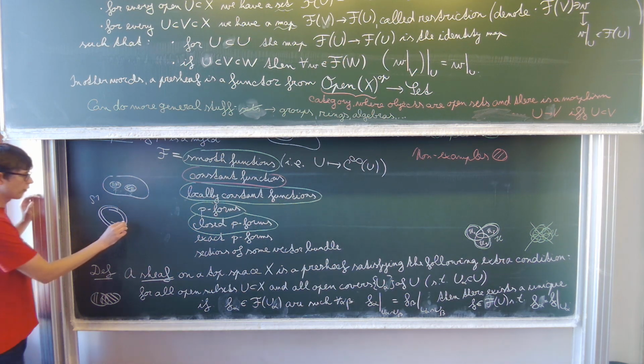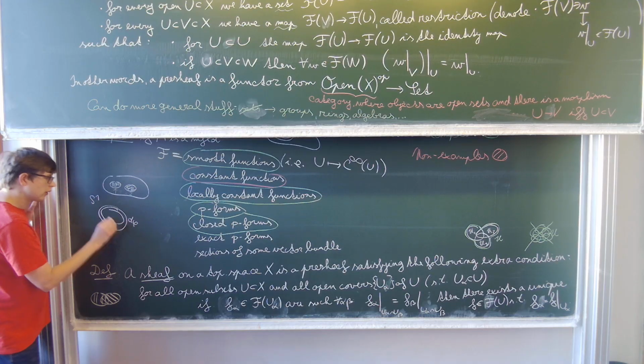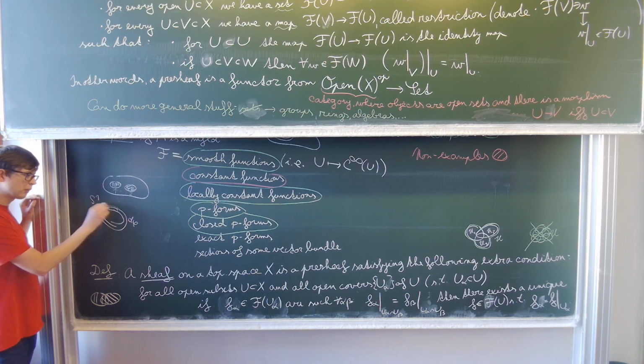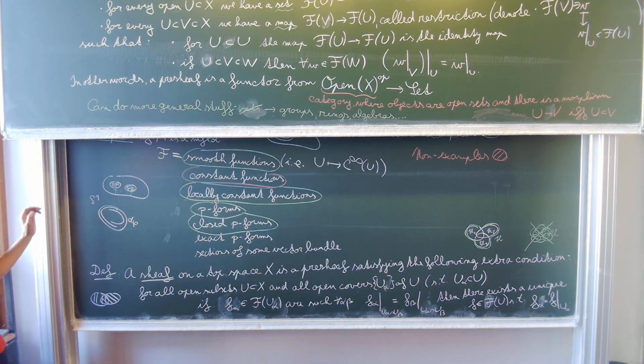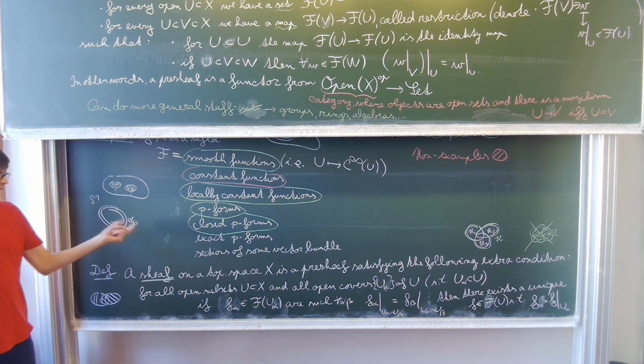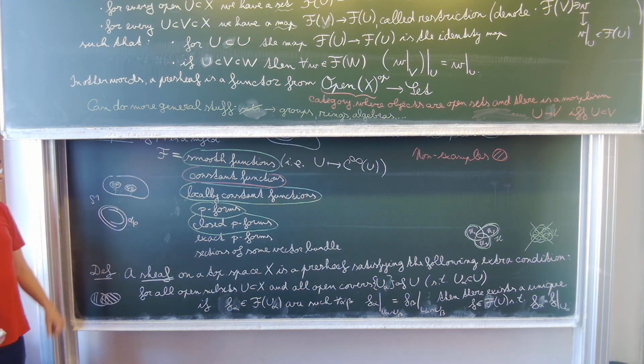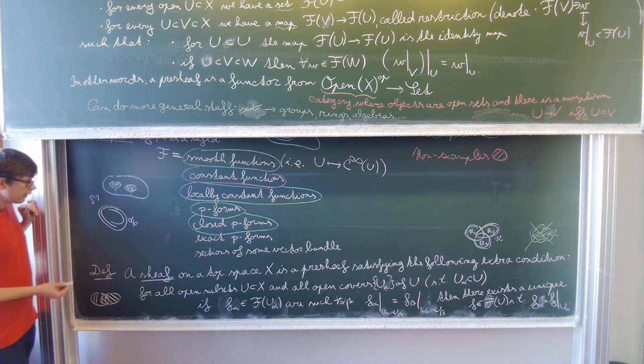And I can take the one form d phi, defined on one of them and defined on the other one, phi being the angular coordinate. You know that this is a well-defined form on the circle, but it's not exact, even though it has a d in it, because this function is not globally defined. So this is an example of a closed form which is not exact, as was said here.